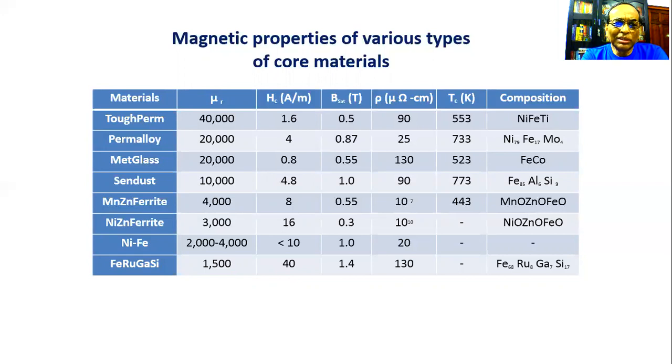Out of all these, Turtle Perm has a very high mu, 40,000, and metglass 20,000, permalloy also 20,000. As a specific choice, a specific material will be used.